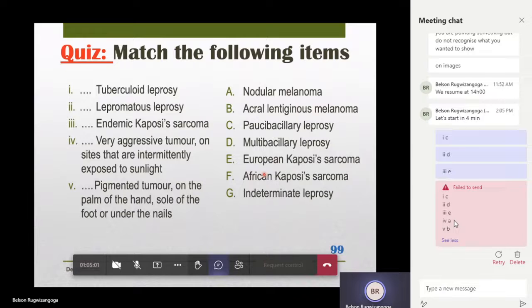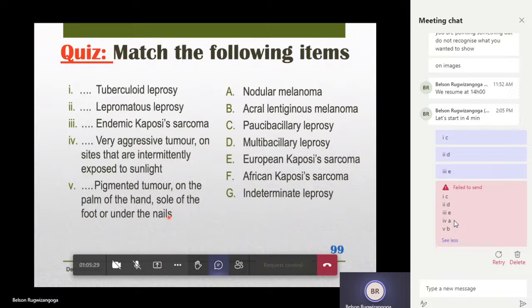A very aggressive tumor on skin that is intermittently exposed to sunlight is 4, and 5 is a pigmented tumor on the palm of the hand, sole of the foot, or under the nail. Maybe we need to read the whole statements before you answer, because both refer to melanoma, but which one?